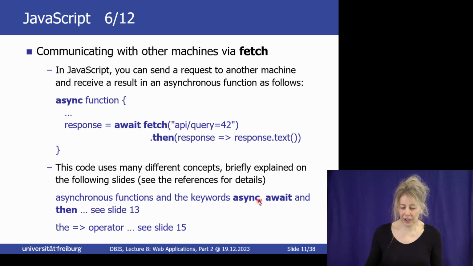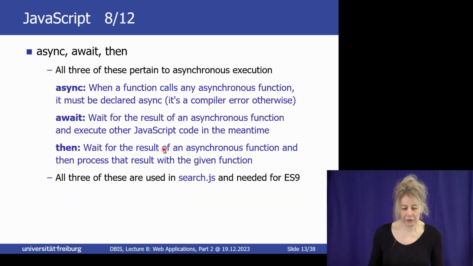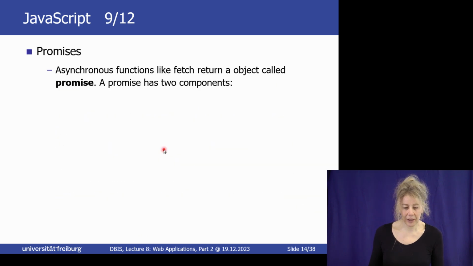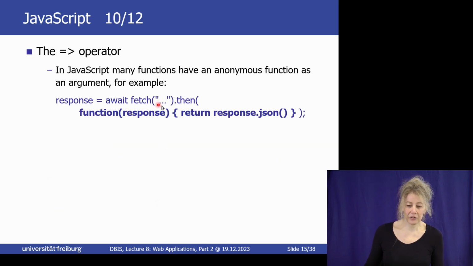I think I will explain the async and the await after the break, but let's maybe first do this one here. That's what I just did. I did a fetch, and if the answer comes, then what's in the then will be executed, which is a function, and that's something you have a lot.